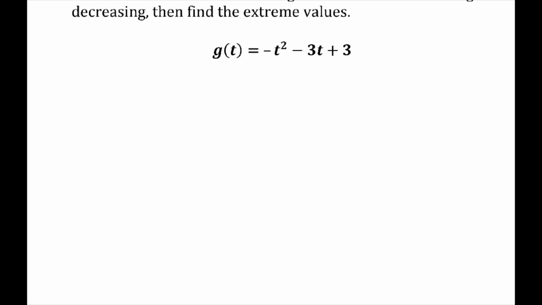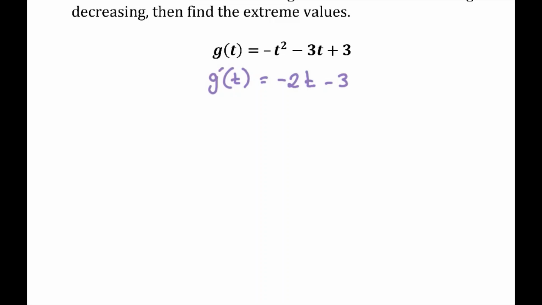So let's start with the first question here. g(t) equals negative t squared minus 3t plus 3. As we know, to tell whether the function is increasing or decreasing, we need to find the first derivative. So g prime of t equals negative 2t minus 3. Make this equal to 0 to find if there are any critical points.